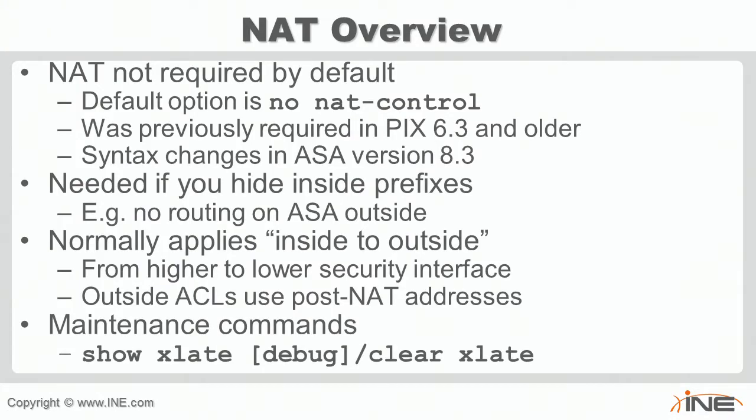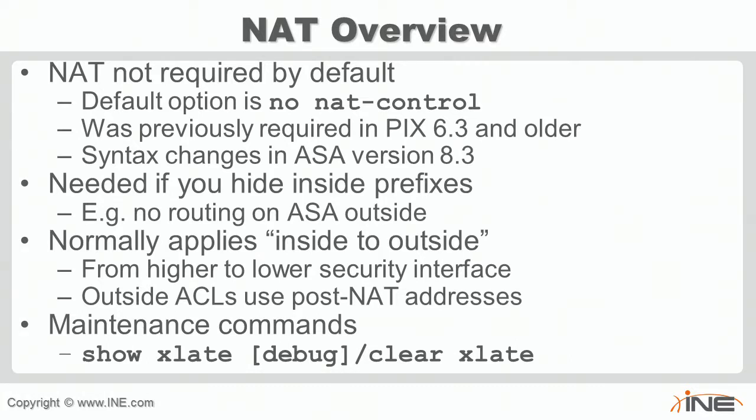The vast majority of the verification we're going to do for NAT is going to be based simply on two commands, the show xlate and the clear xlate, where these are talking about our NAT translations. Now, there can be some potential issues you run into where if an old translation is stuck in the NAT table, the ASA does use this as a classifier for routing traffic differently as it moves from the inside out versus the outside in.